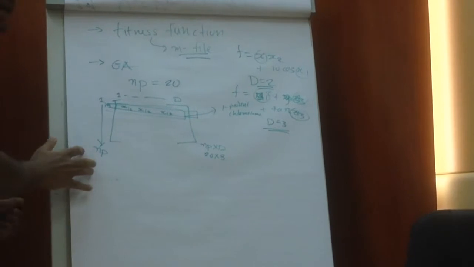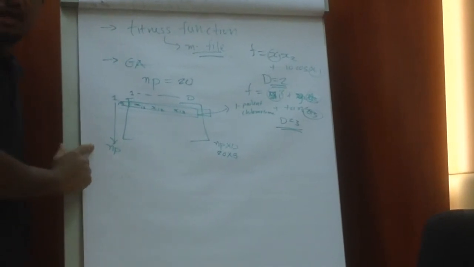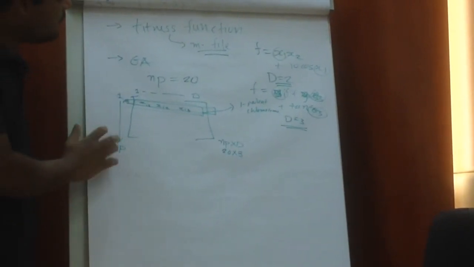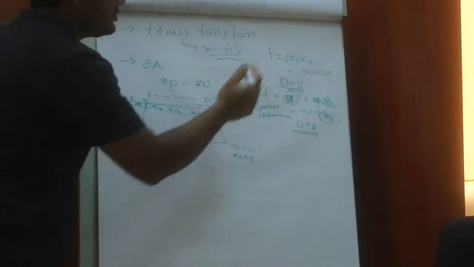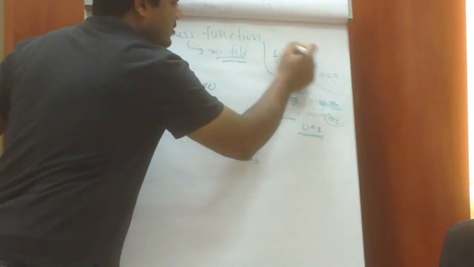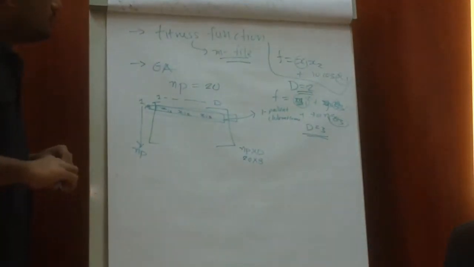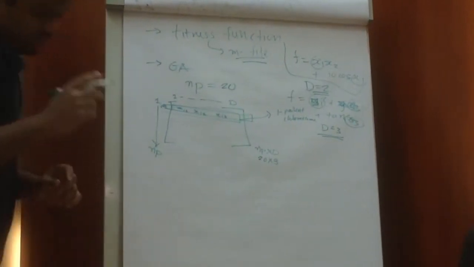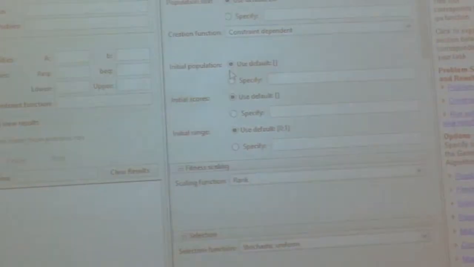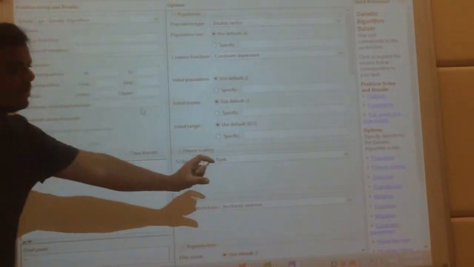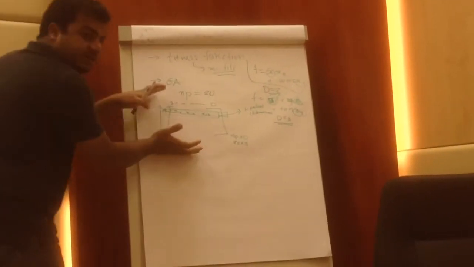Now, when you write your script in the M file about your objective function, let us say for this function, you need to keep two things in mind. This tool will send this one matrix, this entire matrix.